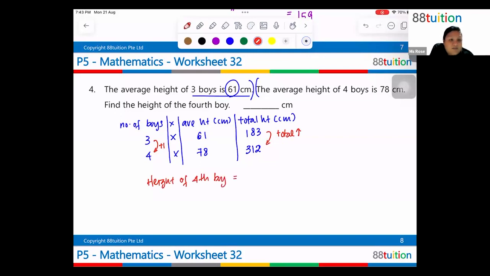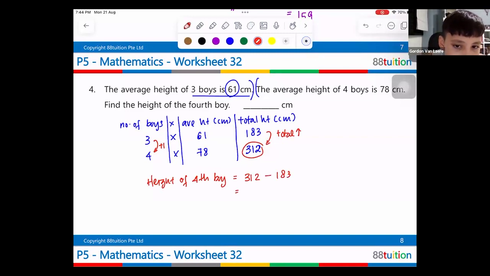Anyone? How do I find the height of the 4th boy? Times then minus? Why do I need to times then minus? All I need to do, to find the height of the 4th boy, is take the total of the 4 boys minus the total of the 3 boys. To give me how much?